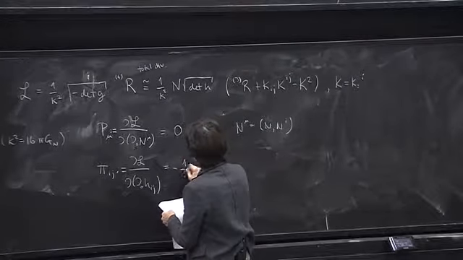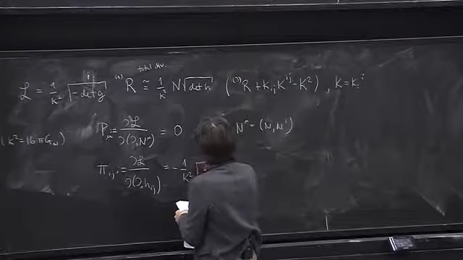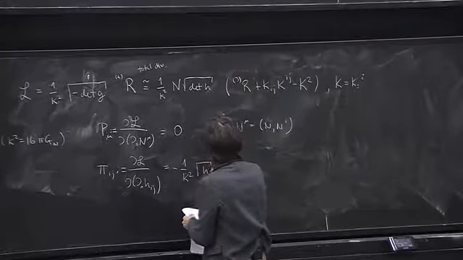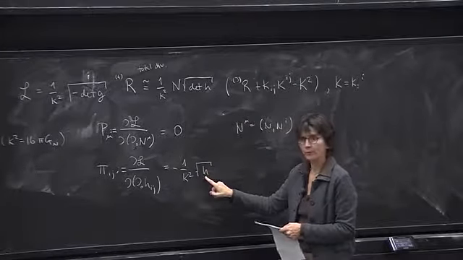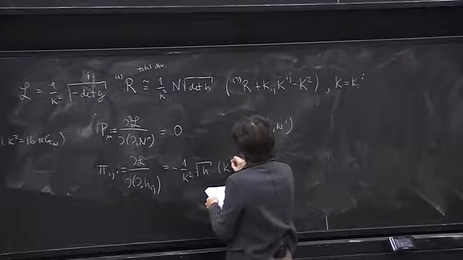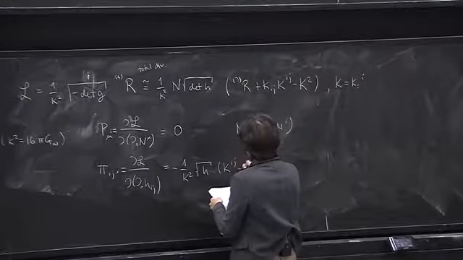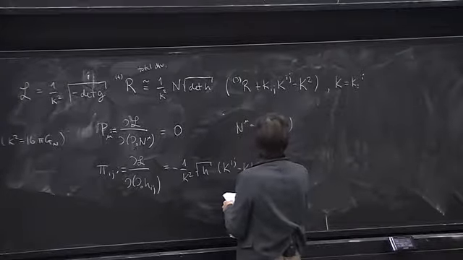I just write down the result for you. 1 divided by kappa squared, square root of h. If I just write an h here, it just means a determinant, under the square root, times K ij minus K hij with indices upstairs.